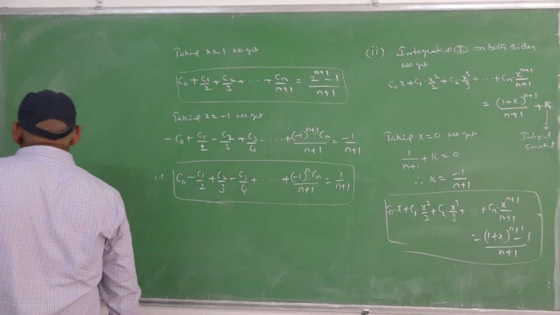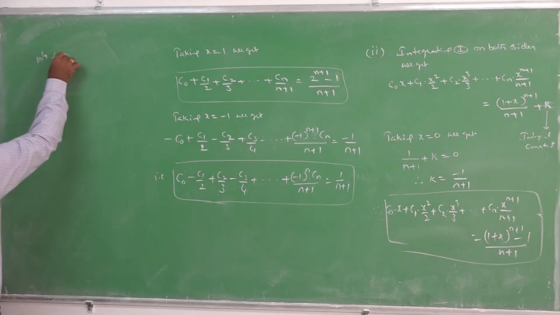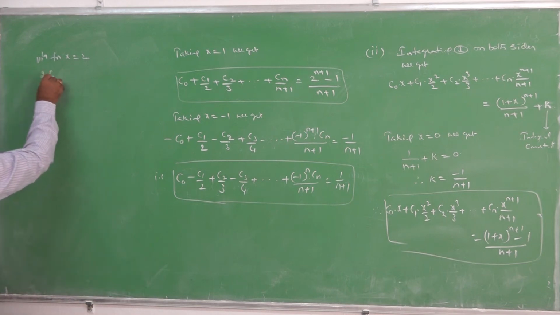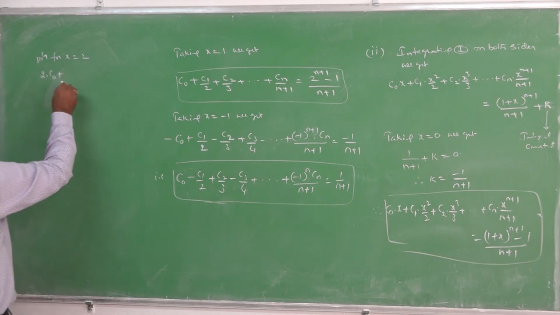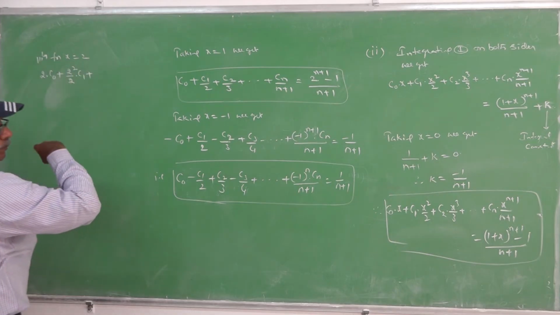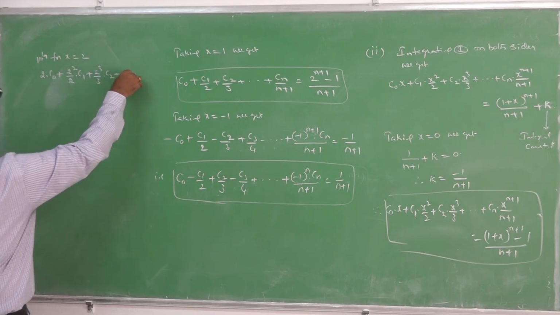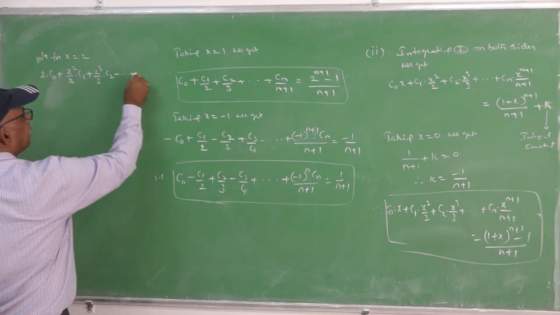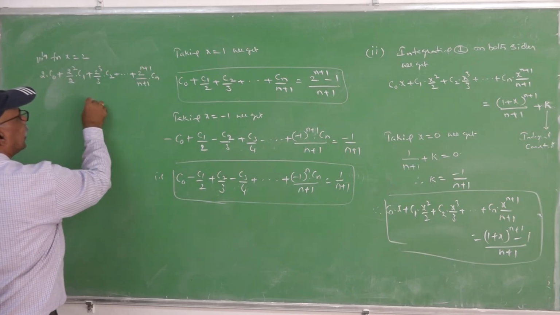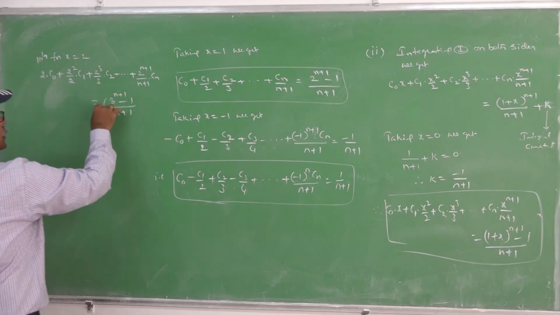For x equal to 2, we get 2 C0 plus 2 squared by 2 C1 plus 2 cubed by 3 C2, like that, 2 power n plus 1 by n plus 1 Cn takes the value 3 power n plus 1 minus 1 by n plus 1 itself.